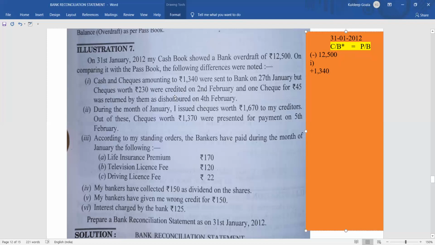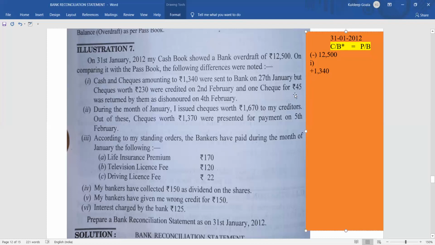What are the two amounts that did not come in our account? 230 ka check, okay, 230 ka check and 45 rupees ka check. So how much did we get in the passbook? We got 1,340 minus 230 minus 45. क्यों? क्योंकि 230 तो क्रेडिट ही नहीं हुआ 31st जनवरी 2012 तक, और 45 रुपीज तो डिसऑनर हो गया.